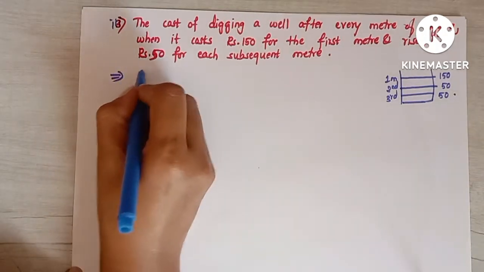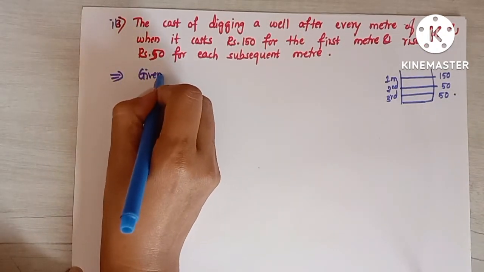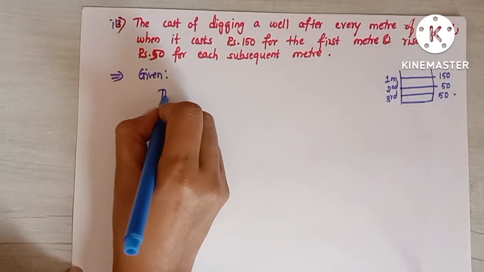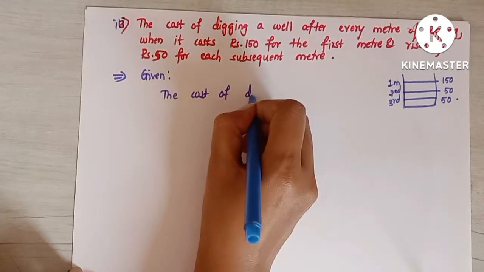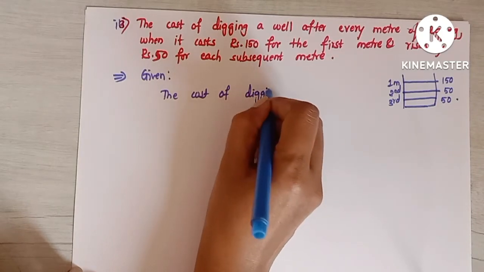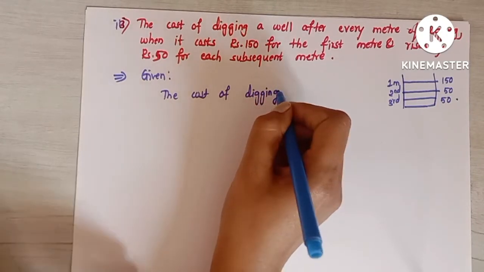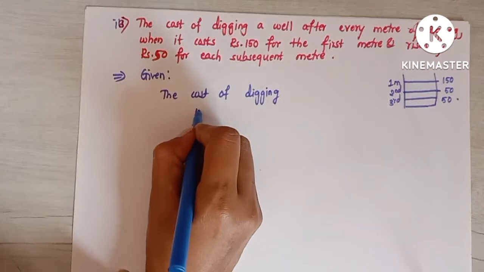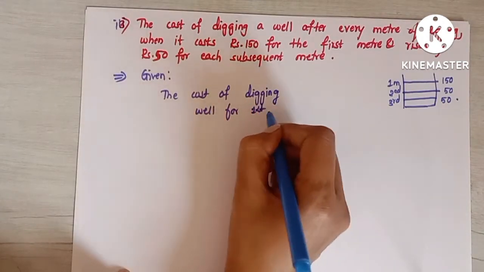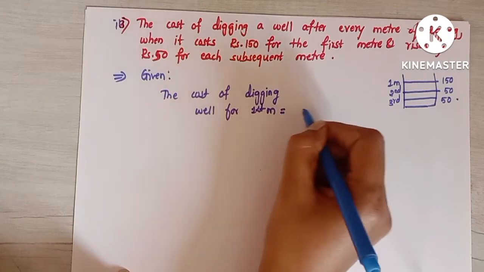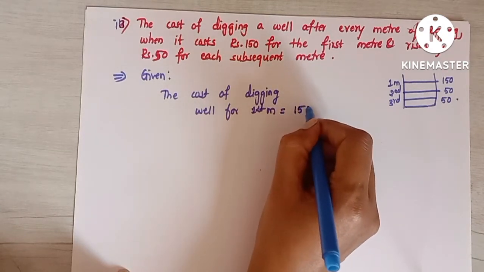So what is given? Given the cost of digging a well for the first meter is equal to what? Rupees 150.